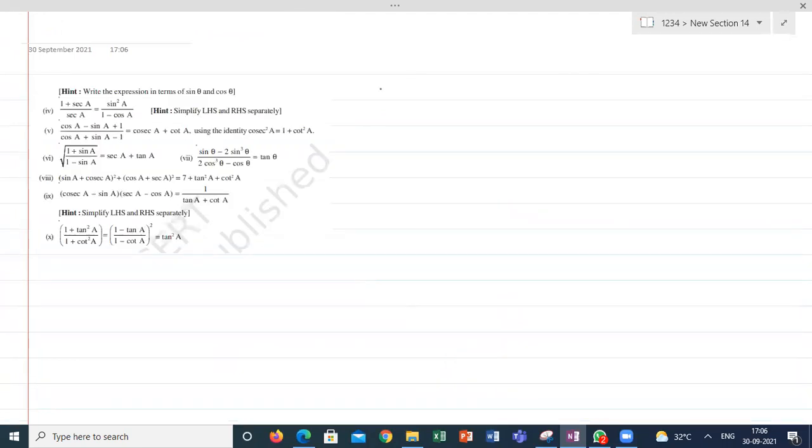The next one is (cos A minus sin A plus 1) by (cos A plus sin A minus 1).